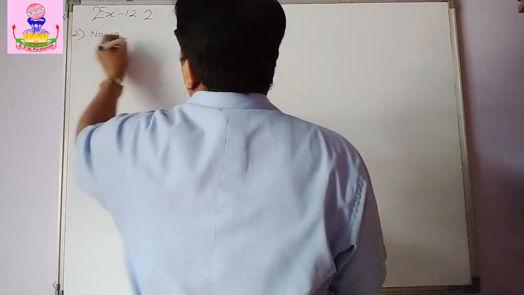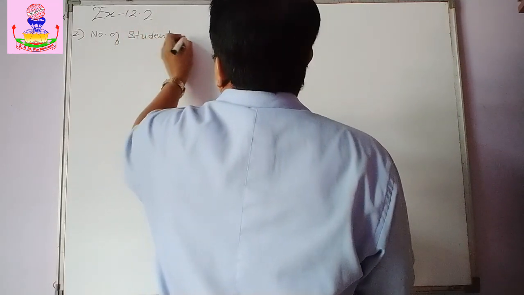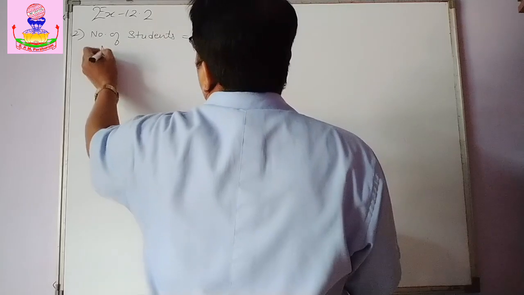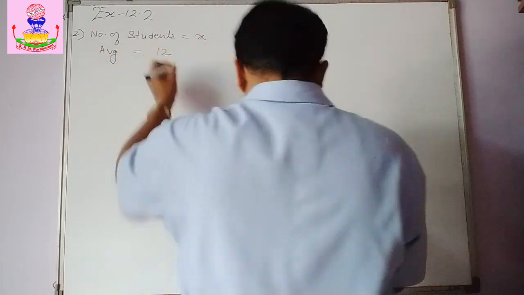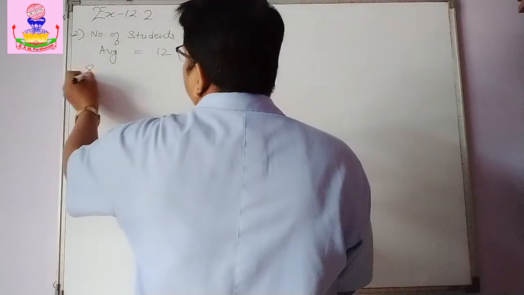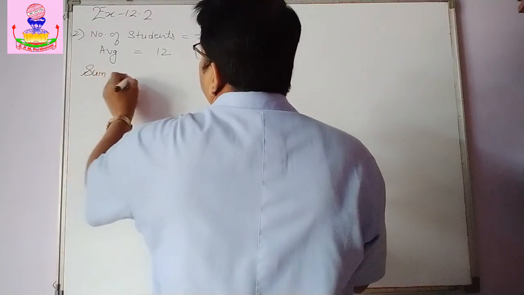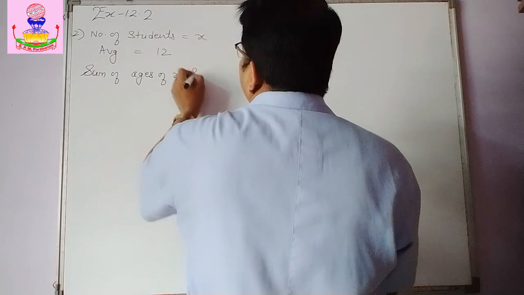I am solving the second: number of students x. The average of this is given, that is 12. Now can I get the sum of ages of x students?